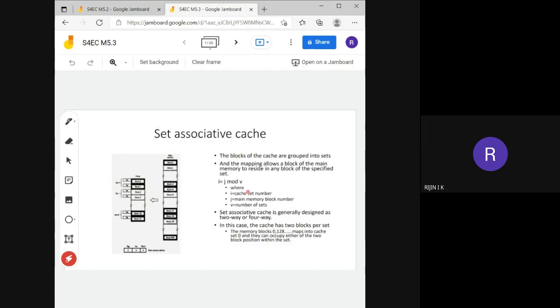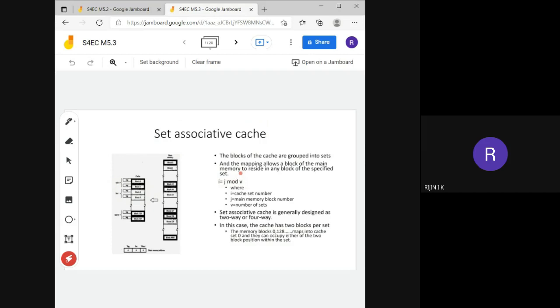Remember the points: blocks of the cache are grouped into sets, and the mapping allows the block in the memory to reside in any block of the specified set. Then this is the mapping function.